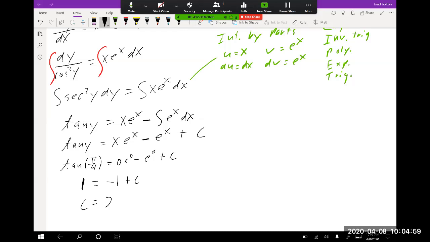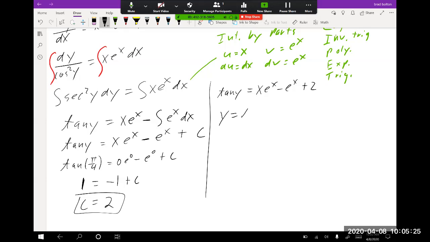So then c will equal 2 once we solve that. Okay, so we now know c. So now we can come over here and write our tan y is equal to x e to the x minus e to the x plus 2. But now we can take the arctan of both sides, or tan inverse. So we have tan inverse of tan y is just y, and this would become tan inverse of x e to the x minus e to the x plus 2.